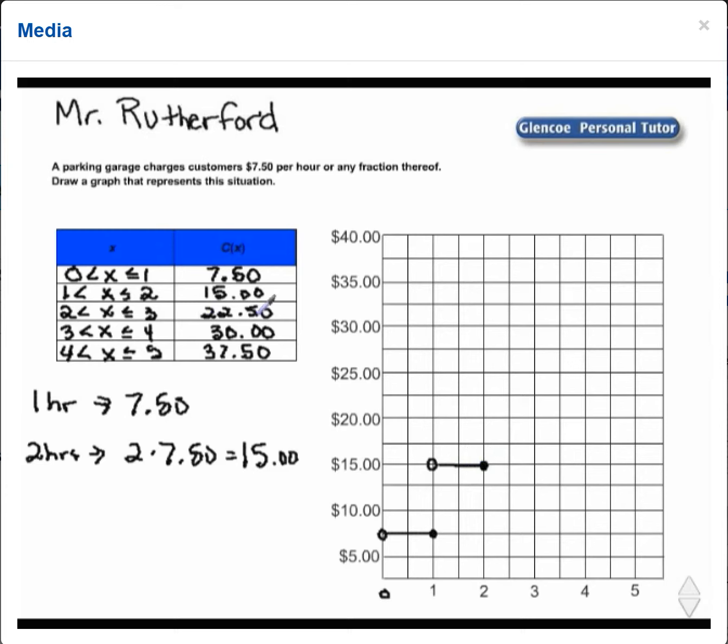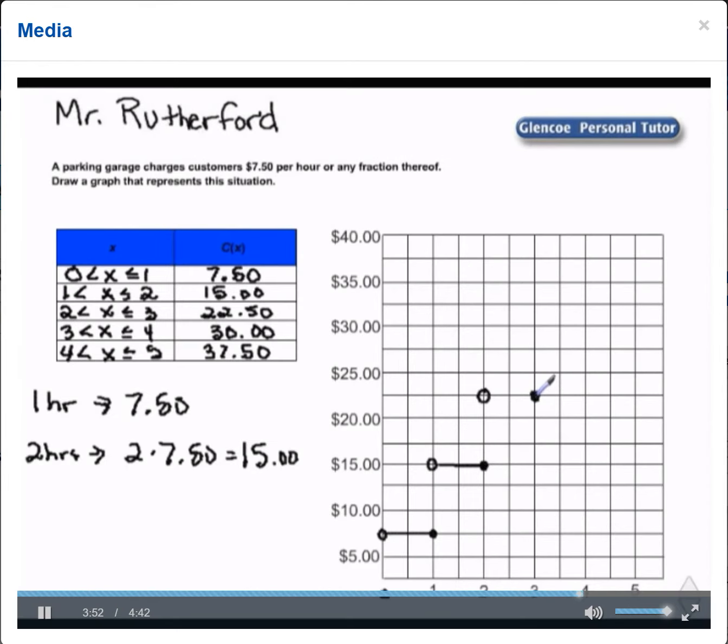Next we have $22.50, so that's going to be between the values of 20 and 25, and we'll move over here to 2 and place our open circle as indicated in our compound inequality, and a closed circle on 3, and connect these with a straight line or a segment.